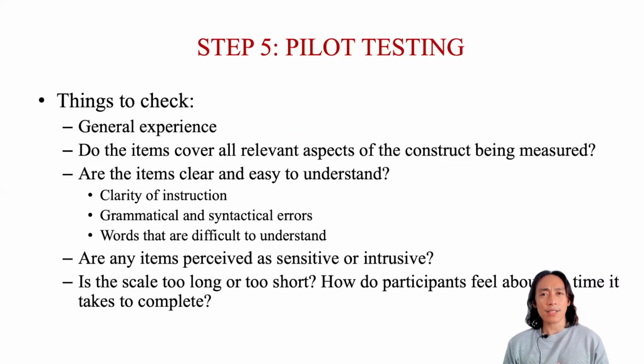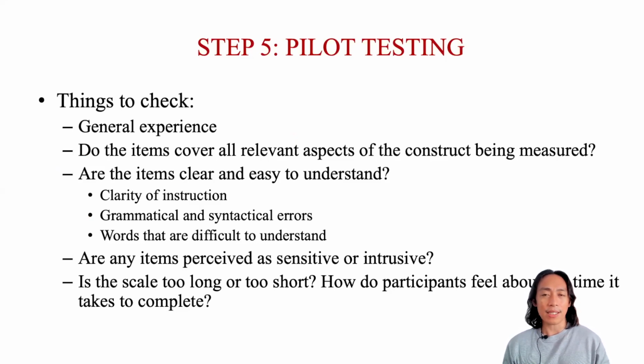So here are things that you can check in the focus group discussion: their general experience. Do items cover relevant aspects of the construct being measured? So it's important that you also explain to them what the construct is that you're trying to measure, how you define the construct, so that they can give you proper feedback. Are the items clear and easy to understand? Are the instructions clear, or do they have suggestions to improve the instructions? Did they notice any grammatical or syntactical errors?